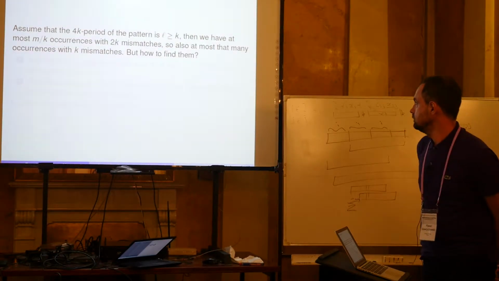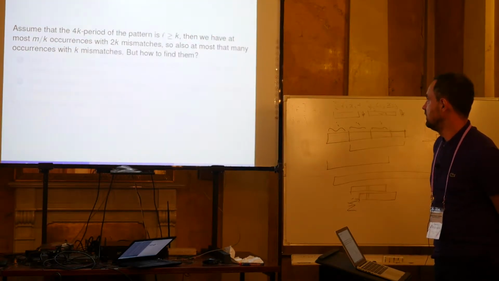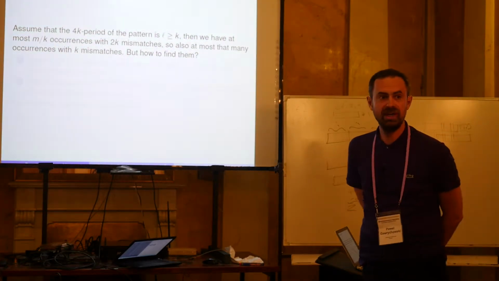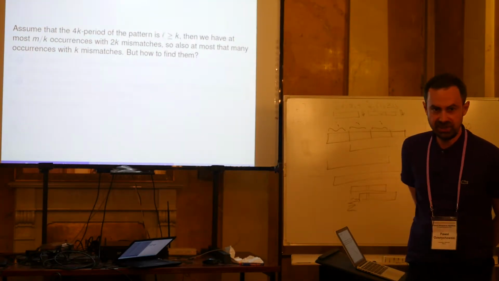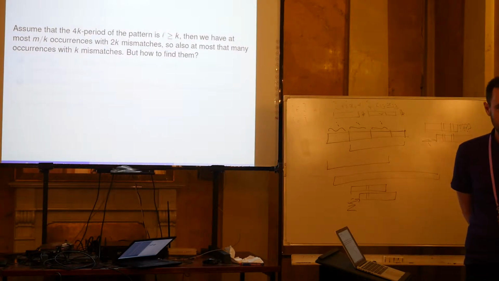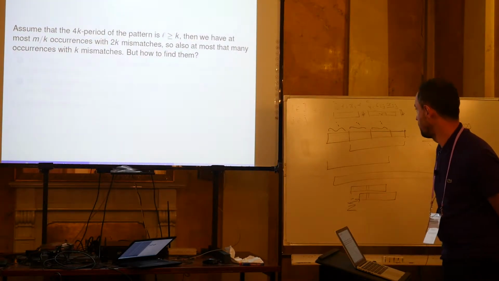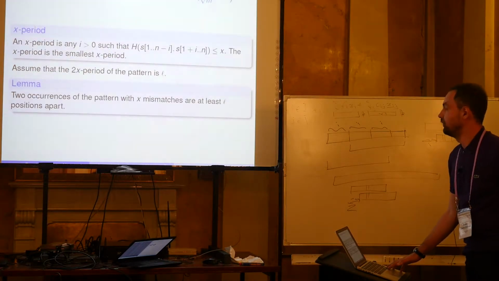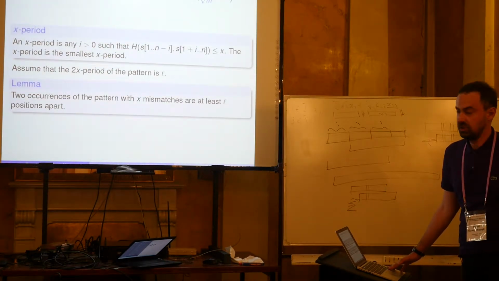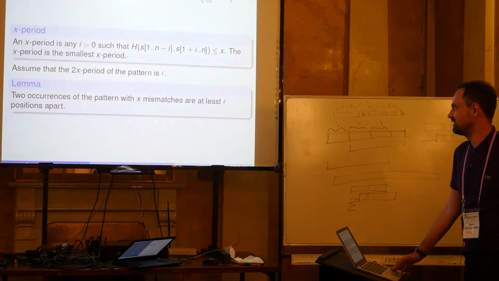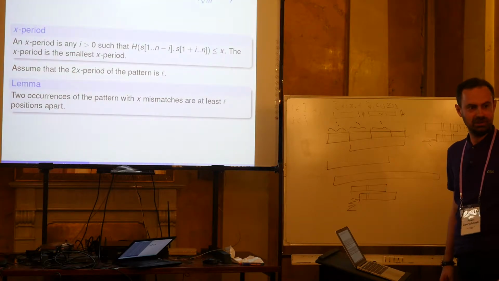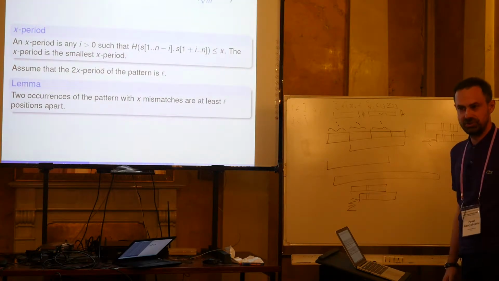Okay, so what does it mean then? It means that you have at most m over k occurrences with 2k mismatches. Because again, we had this very simple observation that if you look at all occurrences of a pattern with x mismatches, and the 2x period is L, then those occurrences are scattered by at least L positions.